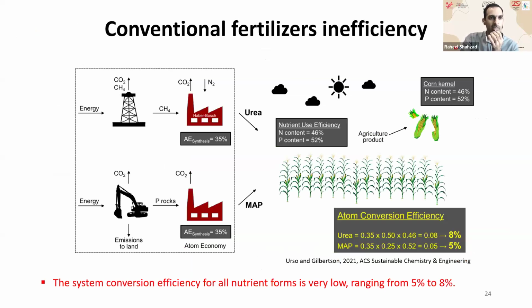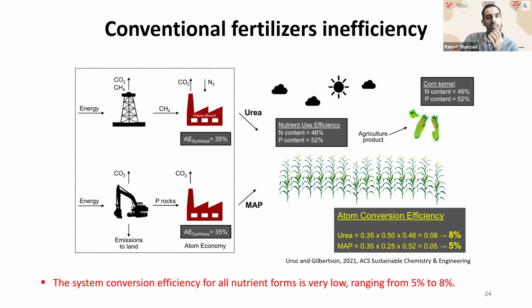This slide is also very interesting. This is data taken from a paper published in ACS Sustainable Chemistry and Engineering. These authors have recalculated the efficiency of the conventional fertilizers.